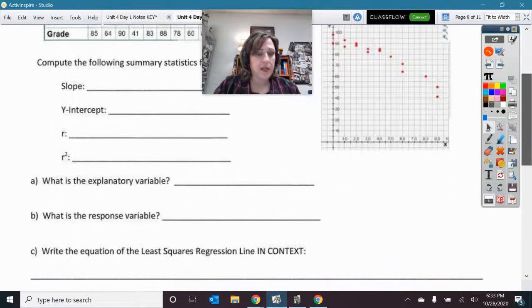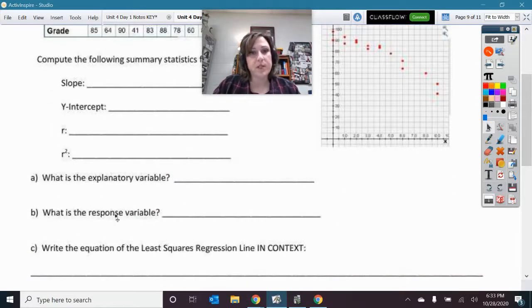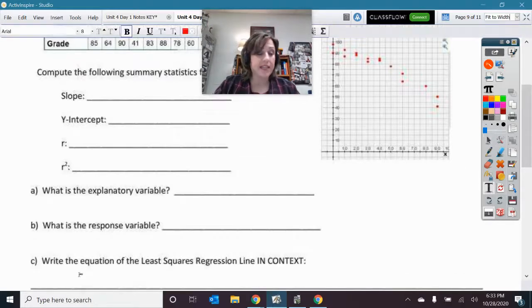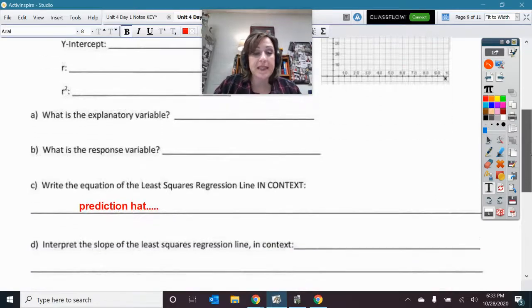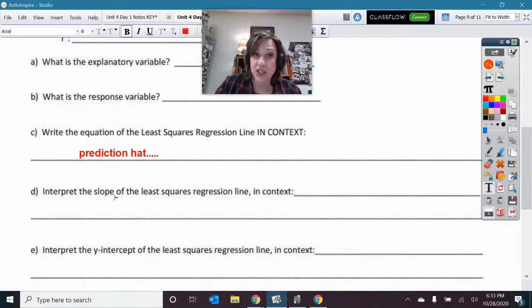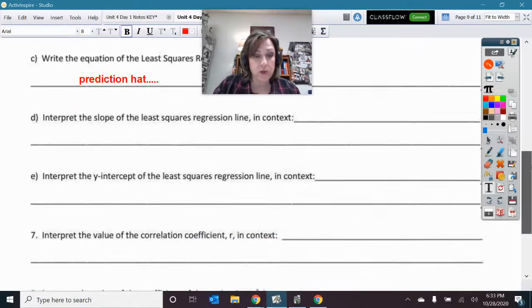Then, state the explanatory and response. Write the least squares regression line in context. And do not forget the prediction hat. Remember that you needed the prediction hat. The interpretation of the slope has to do with the predicted response value, the predicted y value, not the actual.